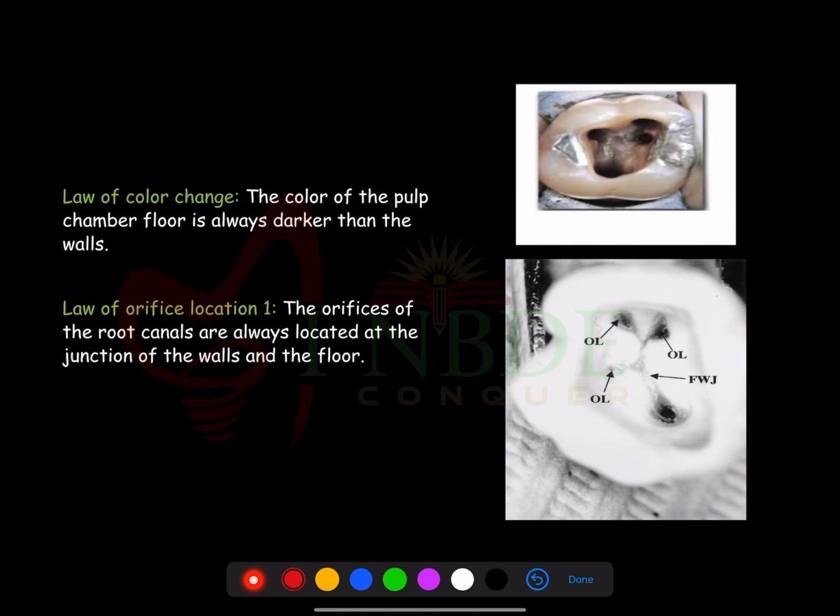Law of color change, as already discussed with the dentinal map. The dark color where you can see something like a map is called the dentinal map. So the color of the pulp chamber floor is always darker. The dentinal map is always darker than the walls. The walls will be bright in color, whereas your dentinal map will be dark in color. So law of orifice location 1 says that most of your canals are located at the junction of the wall and the floor.